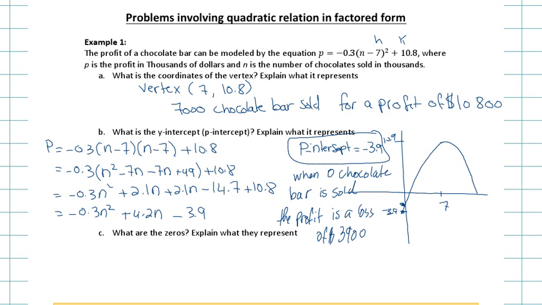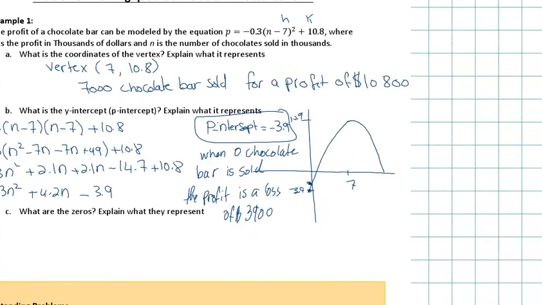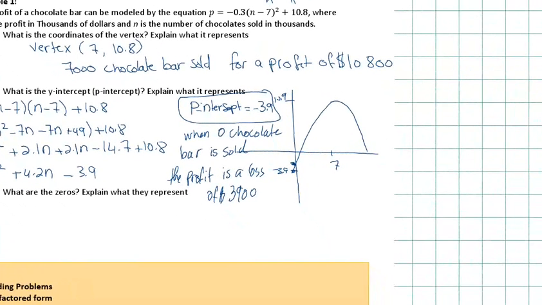So basically, anytime they're asking you for the y-intercept, you can plug in 0 for x. Okay? Because remember, this is when I have 0 chocolate bars sold.